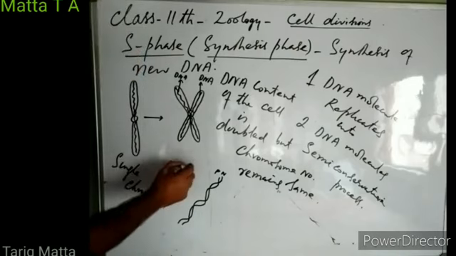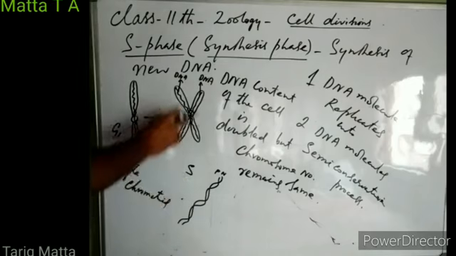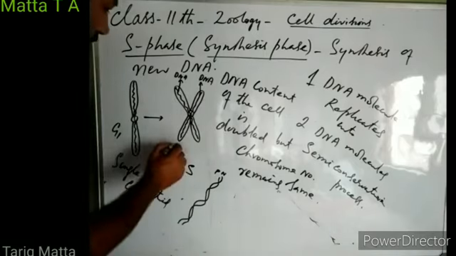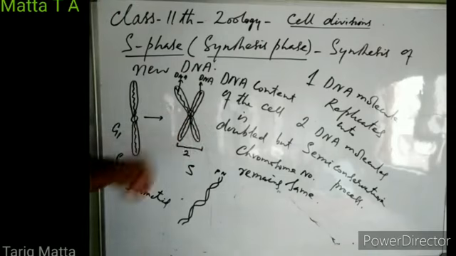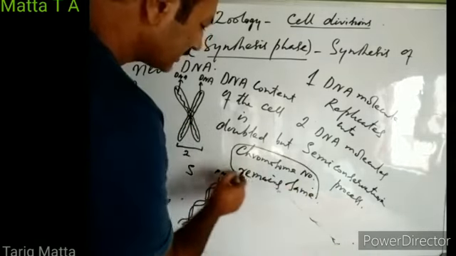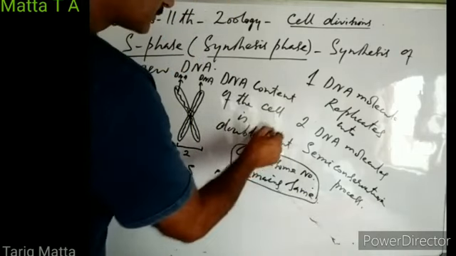Now when it enters into S phase, DNA replicates and this newly formed DNA molecule is contained in a separate chromatid, right? Now this chromosome has got two sister chromatids. So the chromosome number of the cell remains same. But the DNA content of the cell is doubled.